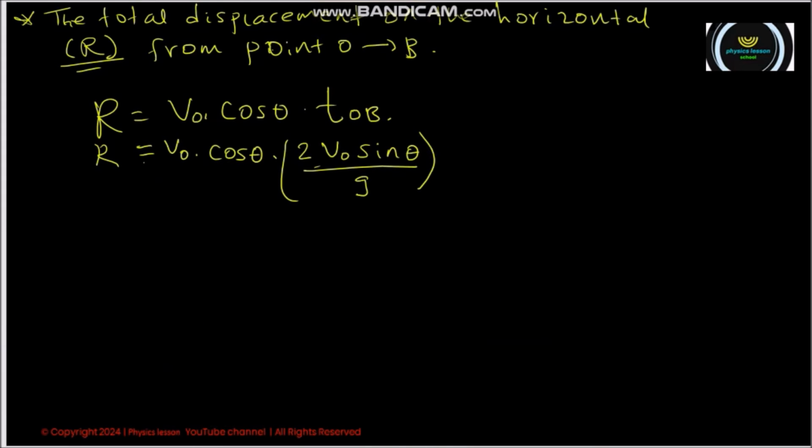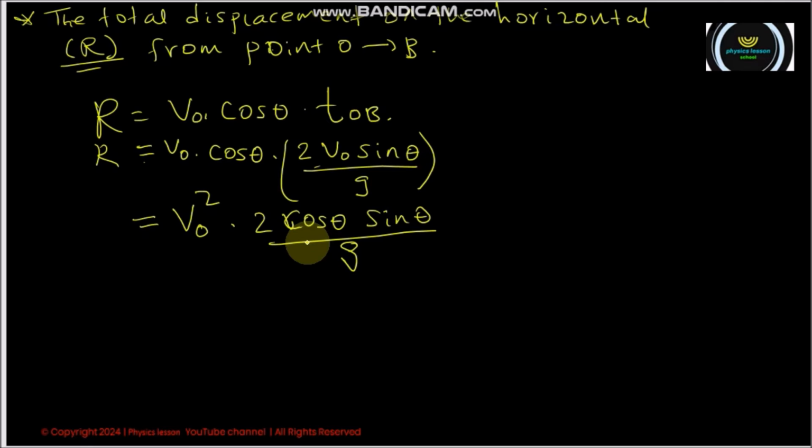Now this can be written as twice v naught square times cos theta sin theta over g, the acceleration.